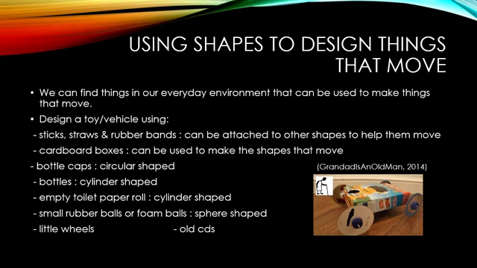And we can attach things that move, such as bottle caps, bottles, empty toilet paper rolls, small rubber balls or foam balls, little wheels, old CDs. We can attach those to the body of our design using sticks, straws, and rubber bands to help the toy or vehicle move.